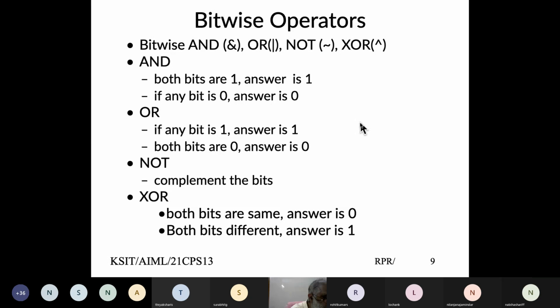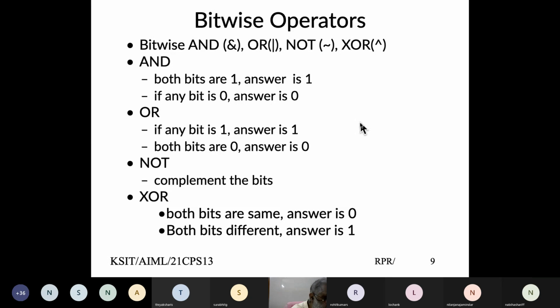Now the question I ask is, given 14 in decimal, if I do XOR with 10, the answer, as just pointed out, is 4. Why? Because 14 in bit pattern would be 1, 1, 1, 0. This is 14. 10 in binary would be 1, 0, 1, 0.